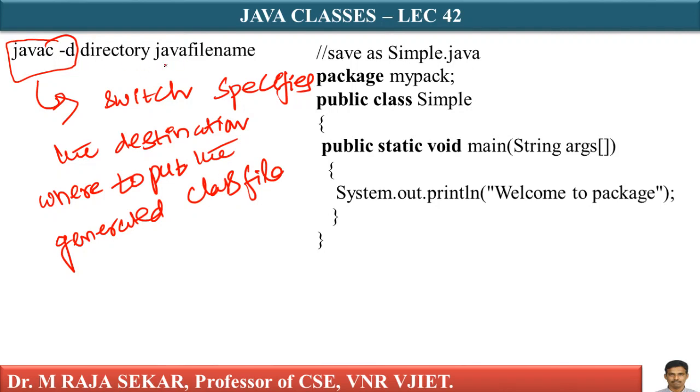Once I compile a Java file, I will get a dot class file. Where will you keep that class file? Here you must give the directory name. Whichever directory name you give, in that directory the class file will get stored. I will repeat, javac -d specifies the destination where to put the generated class file.